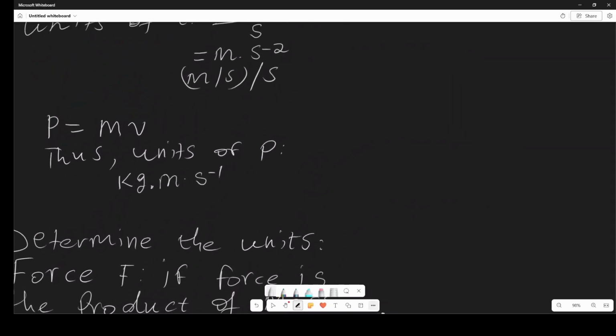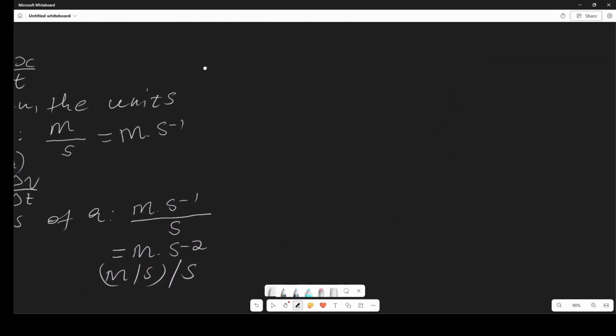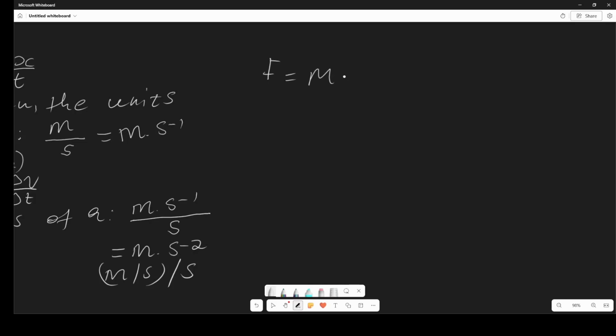Alright, so let us use this definition to determine the units of force. We'll say that force is the product of mass and acceleration. So what are the units of force?